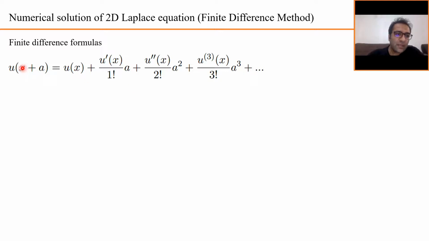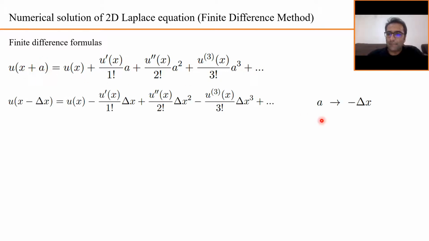Now, if I replace this a with minus delta x, what I have is this: u(x minus delta x) is u(x) minus the first derivative times delta x, plus the second derivative times delta x squared, minus the third derivative times delta x cubed, divided by 1, 2, and 3 factorial respectively. And here we have minus in the odd derivatives.